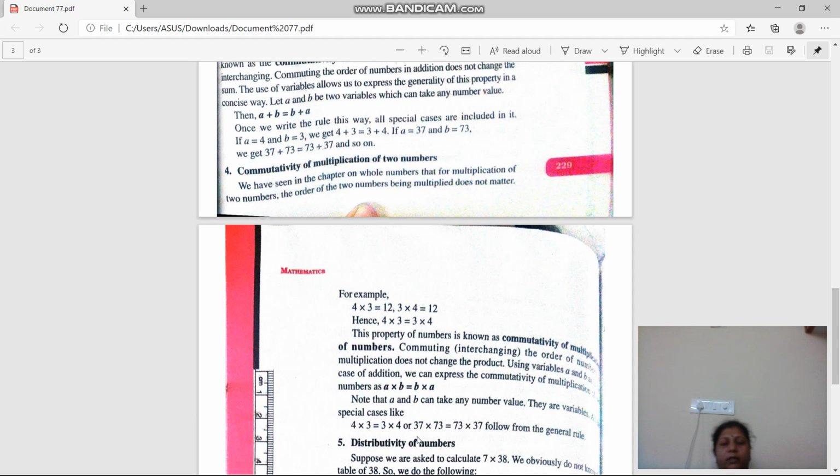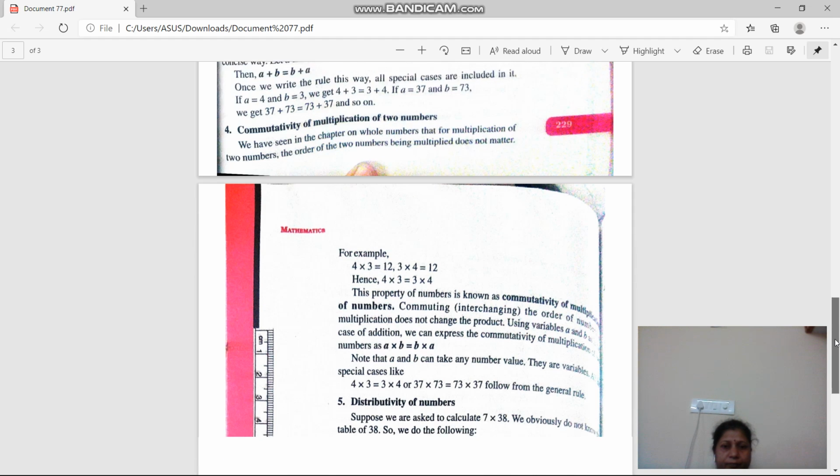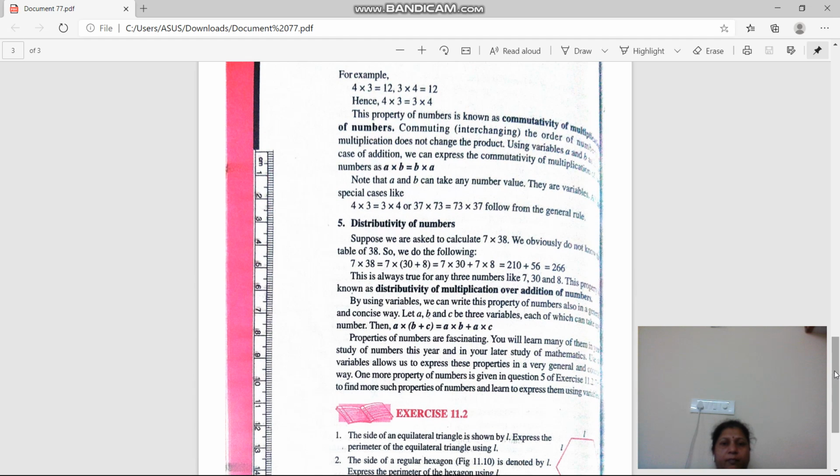Instead of one digit numbers, we can take two digit numbers, that is 37 multiplied by 73, we get 73 multiplied by 37. Once again I will take the example of 24 multiplied by 16. If you multiply, we get the same answer as if we multiply 16 into 24. Clear?